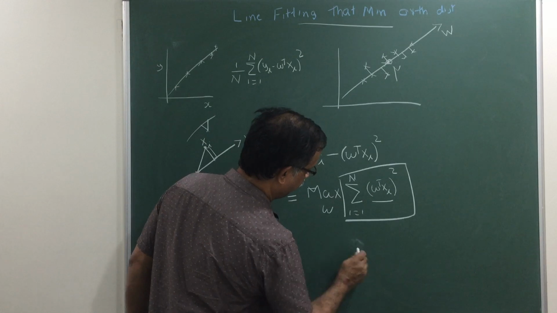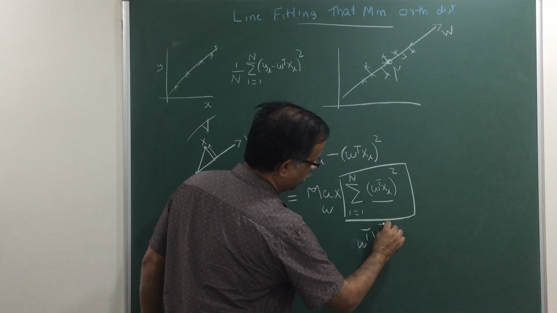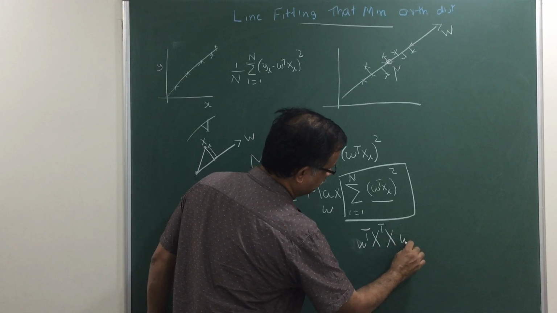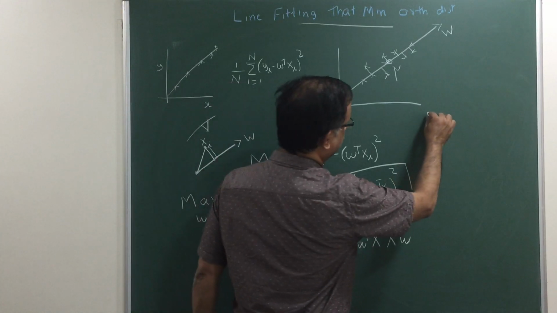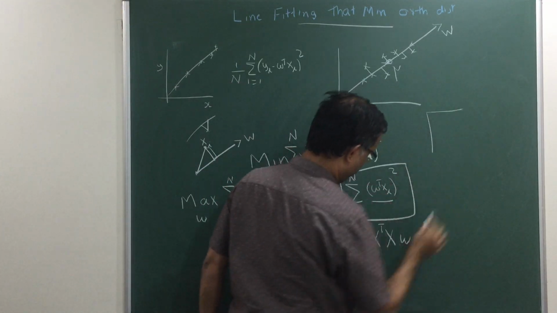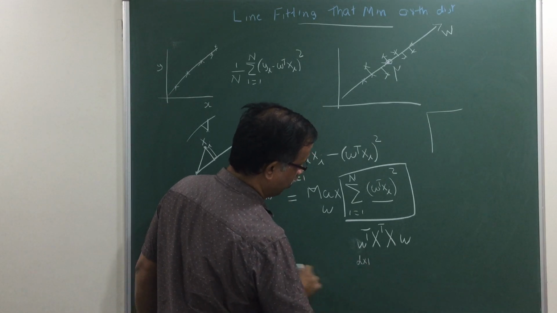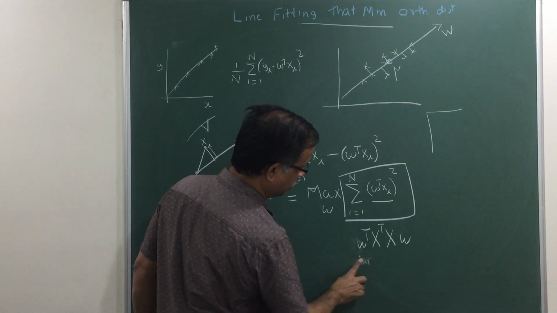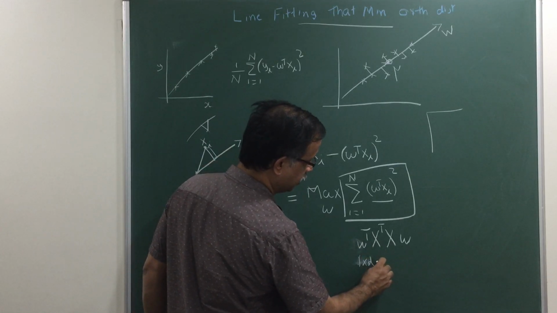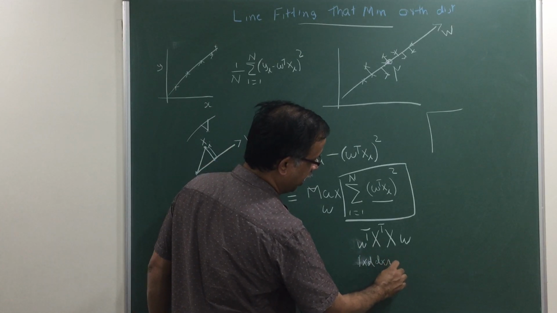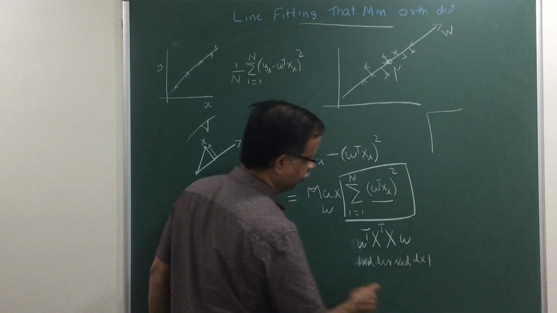This is nothing but w transpose X transpose X w. What is X here? w is a D by 1 vector and the transpose is 1 by D. So this is D by N, N by D and D by 1.